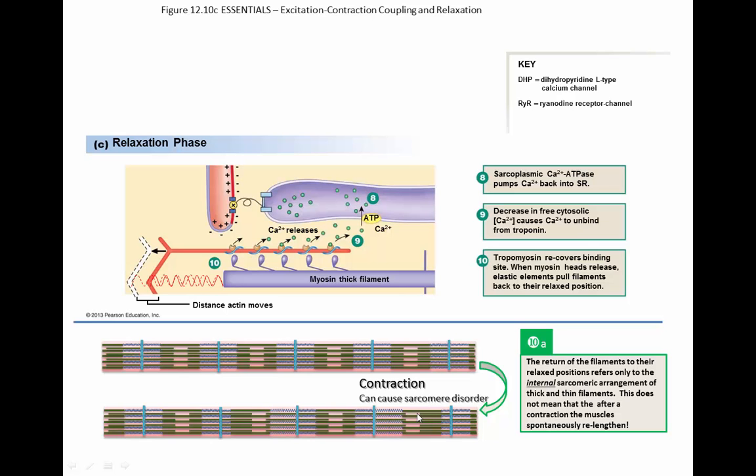So if the A band shifts, let's say it shifts towards this Z line or Z disc on the right side of this sarcomere, the titin is stretched on the left side of the sarcomere, and when the muscle relaxes, that potential energy of the stretched titin can be used to restore the A band to the center of the sarcomere, so you always start this tug of war between the left and right side of the sarcomere with the myosin in the A bands centered in the center of the sarcomere.